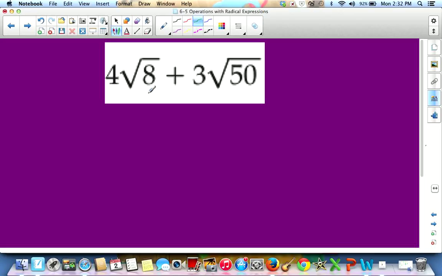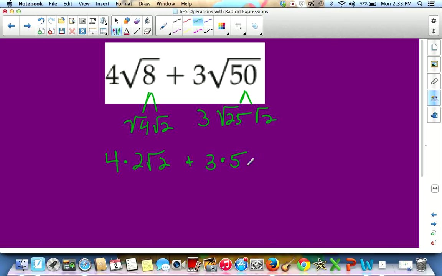All right, so you should think to yourself, how can you simplify this? The square root of 8 is going to be the square root of 4 and the square root of 2. So we have 4 times 2, square roots of 2. Square root of 50, we have 25 and 2. So that's going to be 3 times 5, square root of 2. Now they look alike.